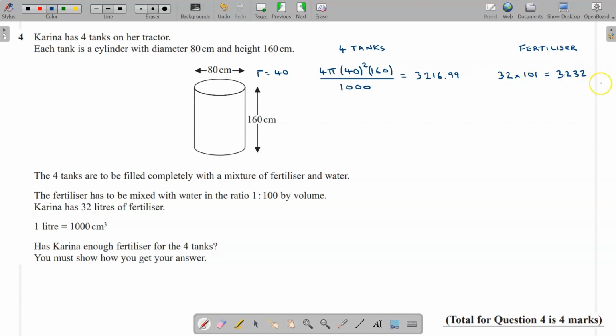Okay, now all I need to do is put here the correct inequality sign in this space. So that is less than that. In other words, the volume of the 4 tanks is just a little bit less than this. Okay, so the question is, does Karina have enough fertilizer? Yes, enough fertilizer, and that's it.